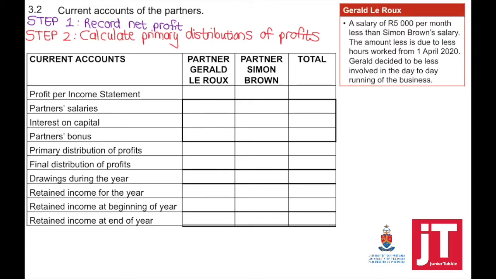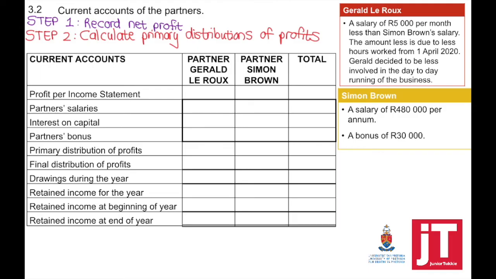So if we look at salary of Gerald, a salary of 5,000 per month less than Simon. The amount less is due to less hours worked from the 1st of April 2020. Gerald decided to be less involved in the day-to-day running of the business. So if we now look at Simon, Simon has a salary of 480,000 per annum.